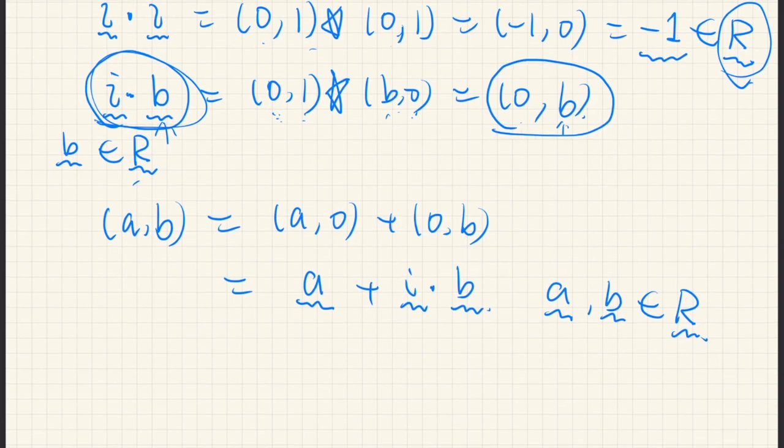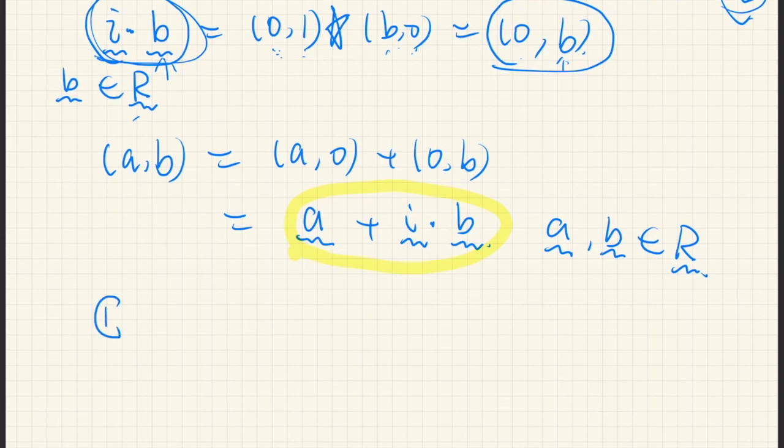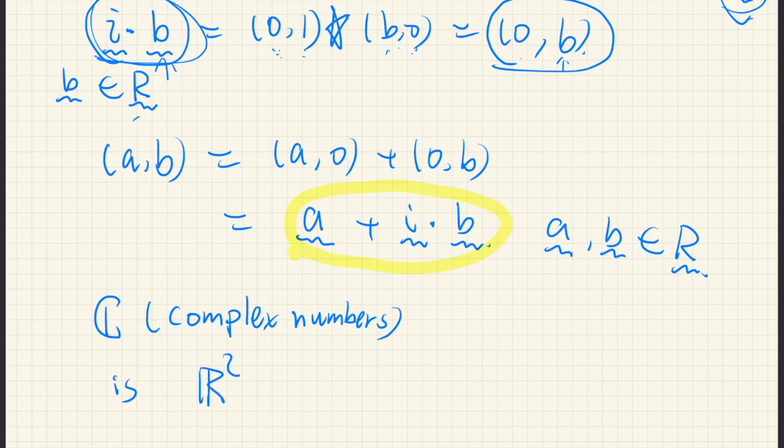So now you're beginning to see that we are actually defining complex numbers in this way. So indeed, we define the set of complex numbers as R squared, the set of pairs of real numbers equipped with addition and star multiplication.